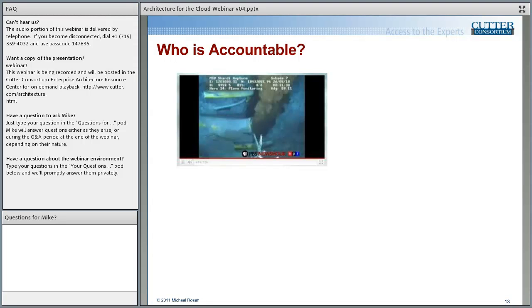And what happened here? Well, BP was the owner of the well, and BP outsourced the platform to Transocean, and Transocean outsourced the blowout preventer to a third company that BP is now suing, right?